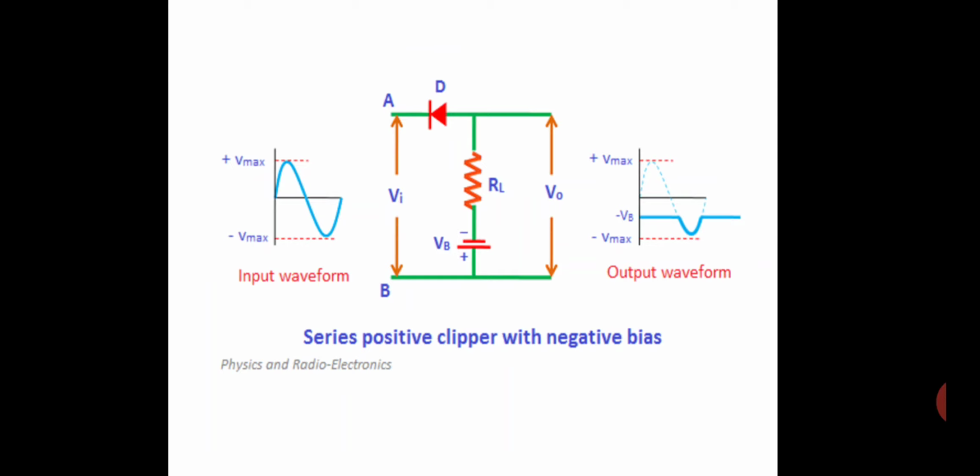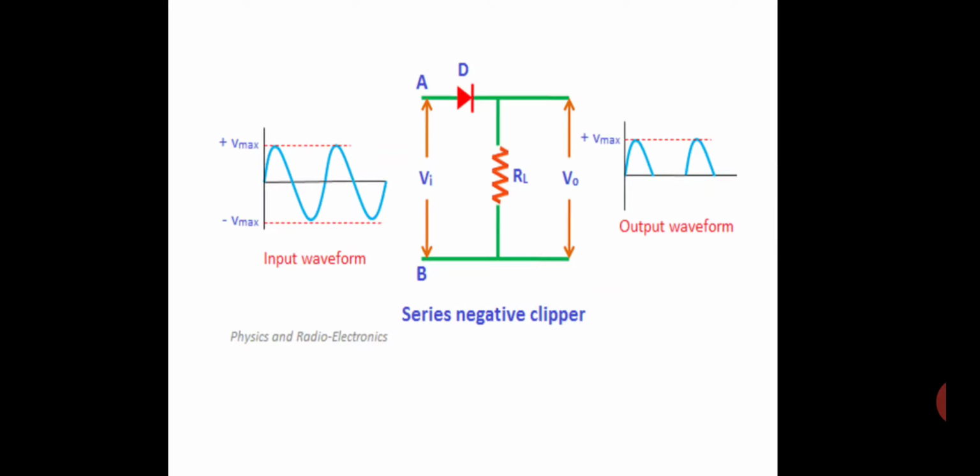So input is Vmax positive, and this positive goes to RL. When input goes, then current flows, and at RL we receive the output V0 equal to IRL, and V0 is equal to the input positive supply.